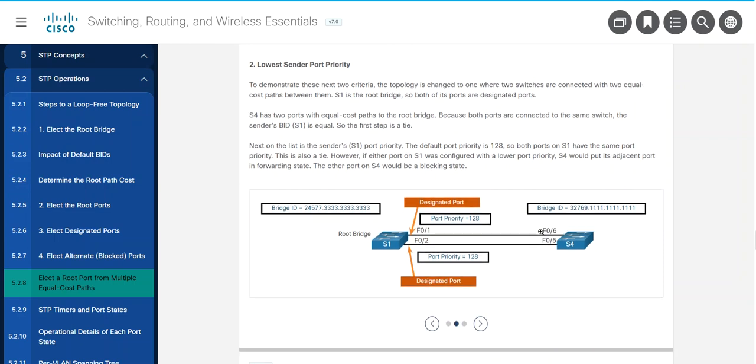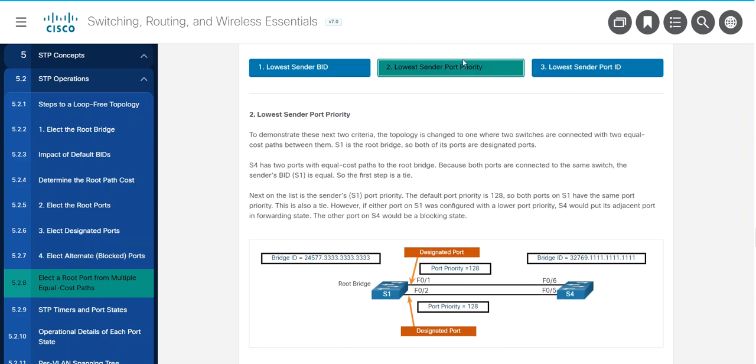In this scenario, we're looking at the lowest sender port priority, so determining which one is the designated port. So you have the bridge IDs listed here. Now again, you have to look at it from the lowest sender. So in this case, S1 is sending something, I believe, out of F01.